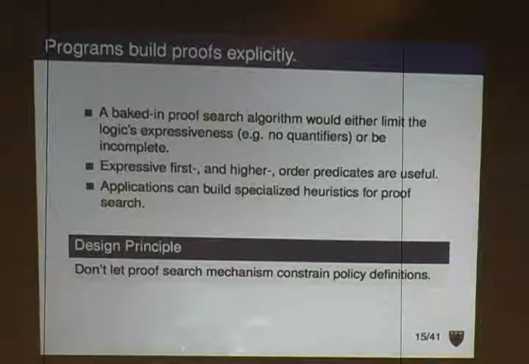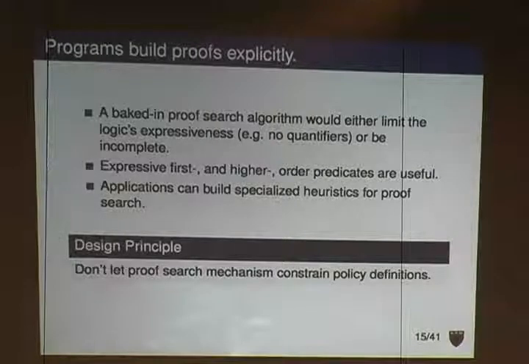In order to get this sort of expressive power, Aura makes a decision that programs, when they run and need to put together one of these access control proofs, are going to be responsible for doing it themselves. The reason for this is that essentially the more expressive a language for writing down policies you have, the harder it is to search for proofs that a policy access is allowed.